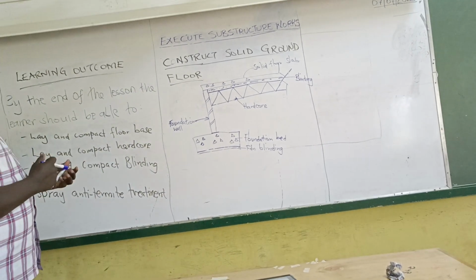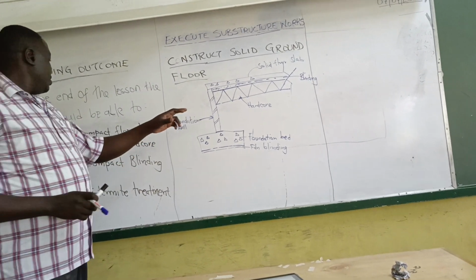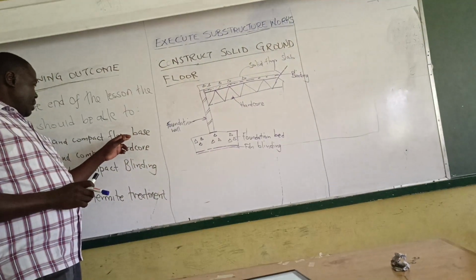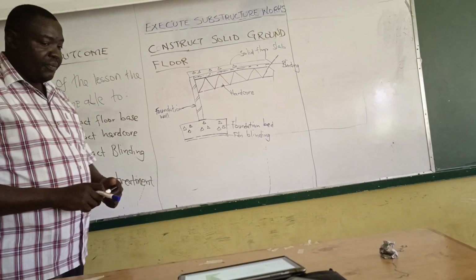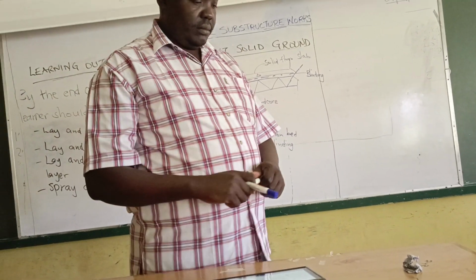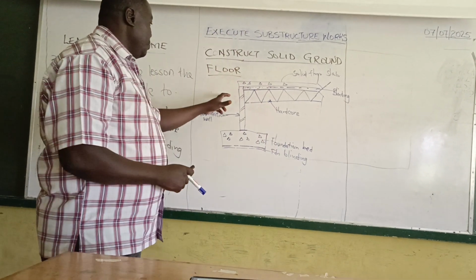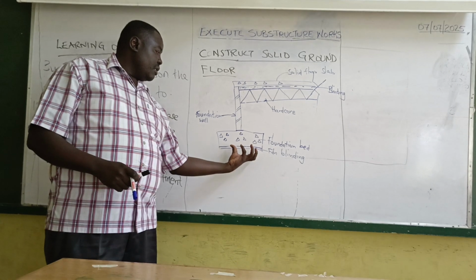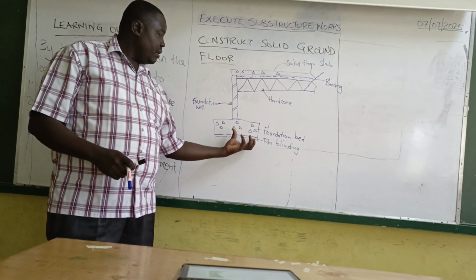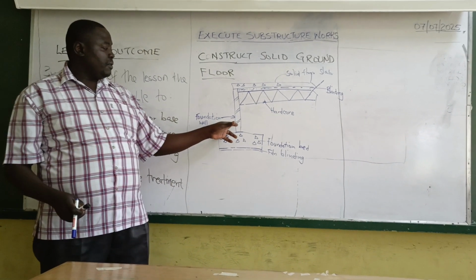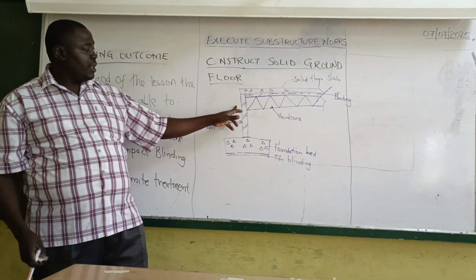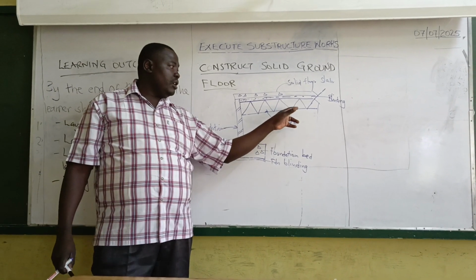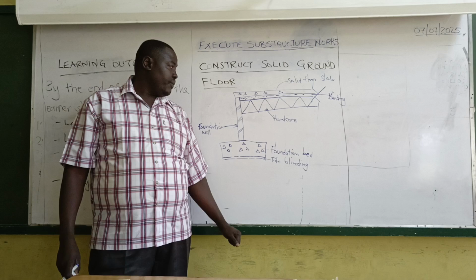So, the first thing we're going to learn about is the compaction of the floor base. When you have casted the foundation bed, you have built the foundation wall. The next step is to lay the undercore.